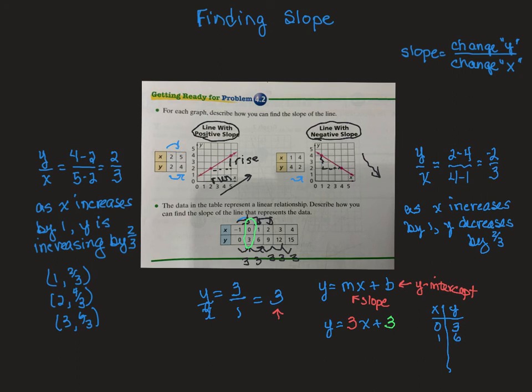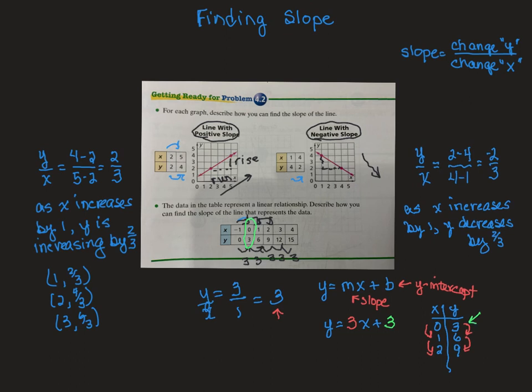If x is 2, 2 times 3 is 6, plus 3 is 9. You can see the slope is how much y goes up when x goes up by 1. The x is going up by 1 and the y is going up by 3, because 3 is the slope. The y-intercept I can tell because that's the y number when x is 0.